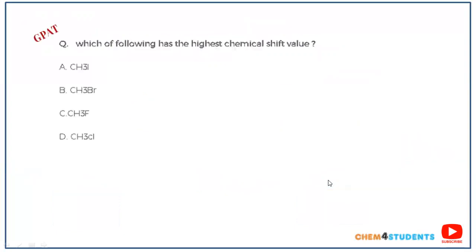Here is the question on chemical shift values. Which of the following has the highest chemical shift value? Option A, methyl iodide. Option B, methyl bromide. Option C, methyl fluoride. Option D, methyl chloride. If you see the methyl compound, it consists of shielded protons: 3 protons attached to carbon.